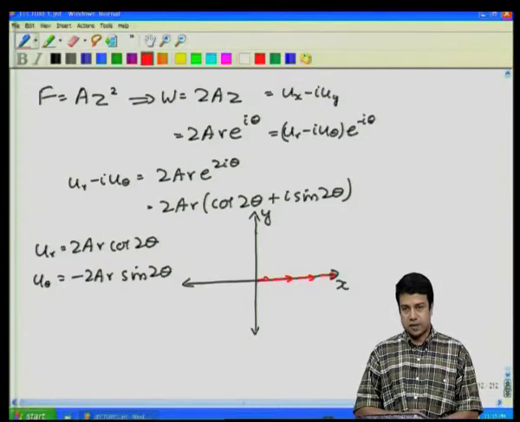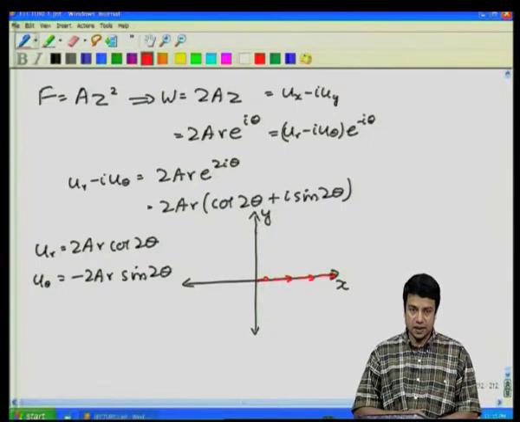Along the y axis, theta is equal to pi by 2. That means cos 2 theta is cos of pi, which is minus 1, and sin 2 theta is sin of pi, which is 0. Therefore, u r is equal to minus 2 a r and u theta is equal to 0. So, the radial velocity is coming inwards. It is in the negative r direction, equal to minus 2 a r because cos 2 theta is minus 1.